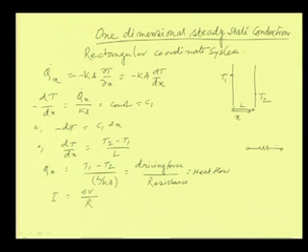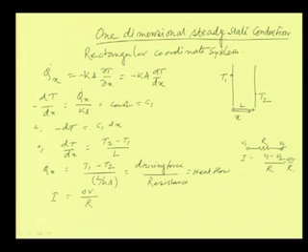Between two terminals, if V1 is the electrical potential at point 1, and V2 is the electrical potential at point 2, and R is the resistance, then I is equal to V1 minus V2, which is the differential, by R, or that is equal to delta V by R.